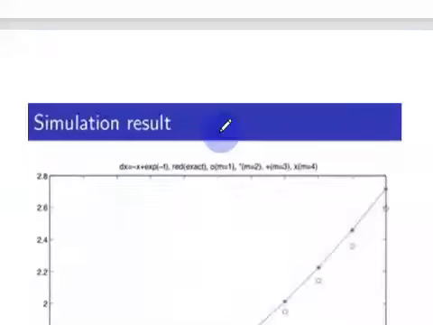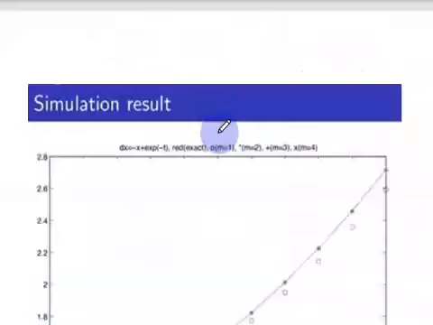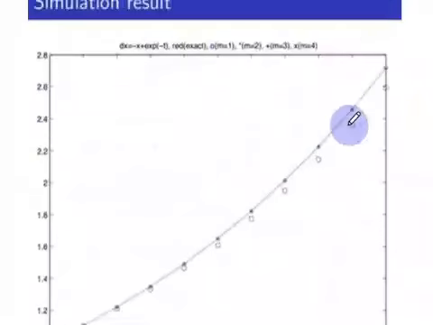From this example, these circles represent first order approximations, right? All the other higher order approximations are very close to the exact solution, right?